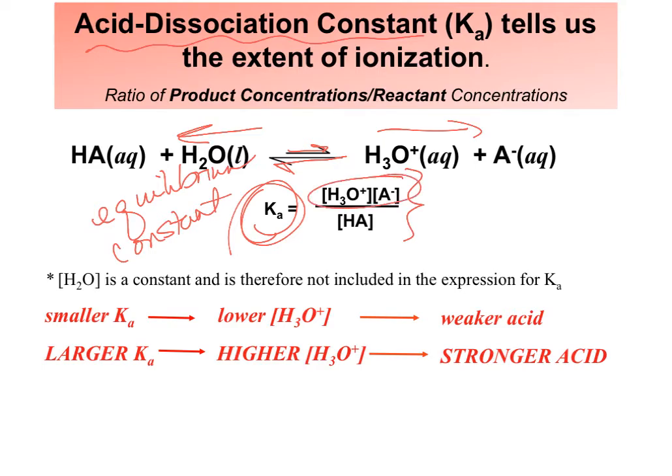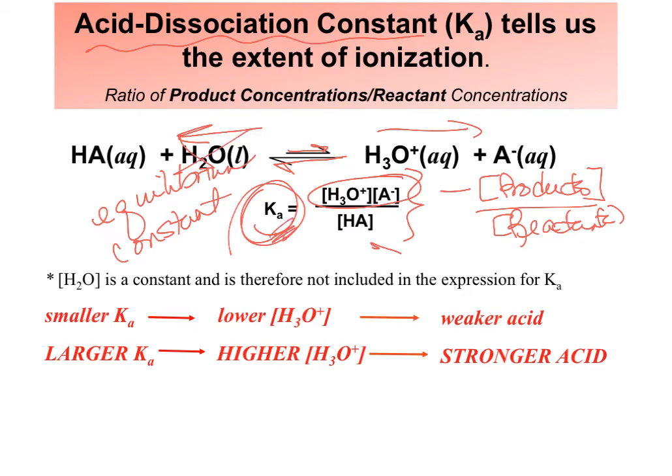So take a look at what the equilibrium Ka expression is. In the numerator are the concentrations of products multiplied by each other, and in the denominator is the concentration of reactants. Notice that water is left out of the equilibrium constant expression, and the reason is that the concentration of water is a constant, 55.5 molar, I think.